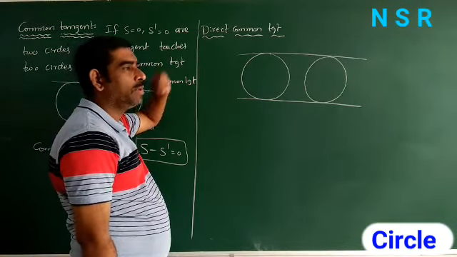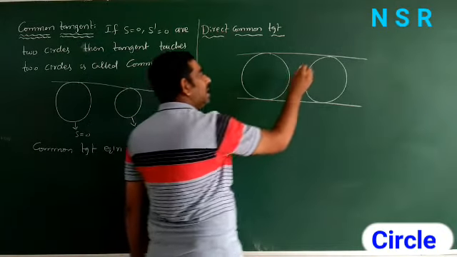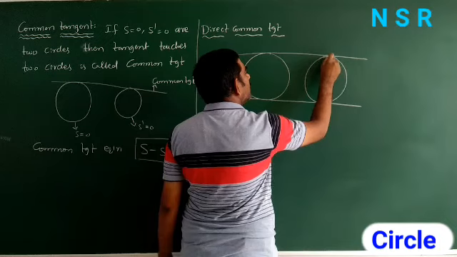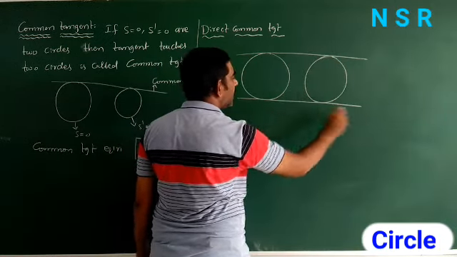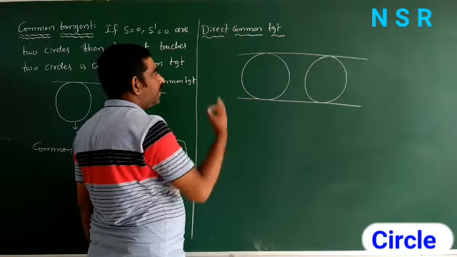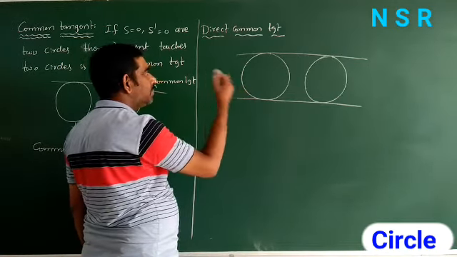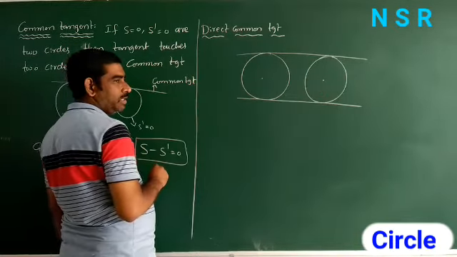So a tangent here touches the same side. This is the left side and right side. If a tangent touches two circles on the same side, then the tangents are called direct common tangents.